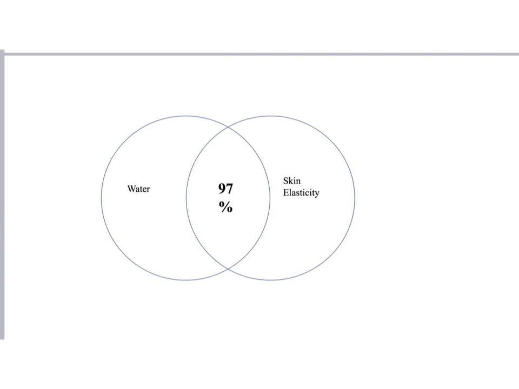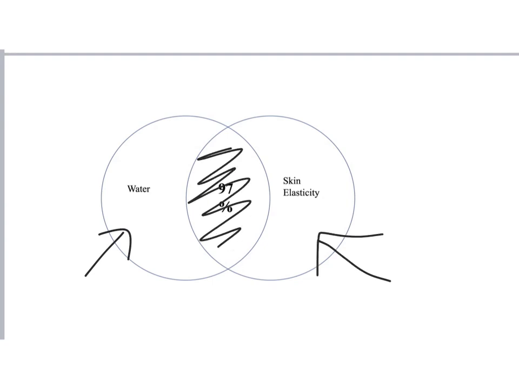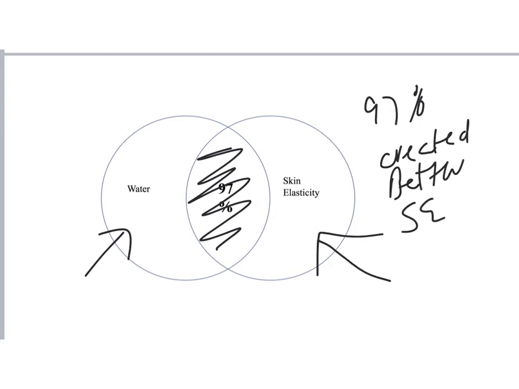I kind of showed this in the other video, but here we have water, and here we have skin elasticity, with this 97% in the middle. That's a large number. So 97% of the water consumption created better skin elasticity. It's just another way of showing it. This shows you how the R2 actually works.